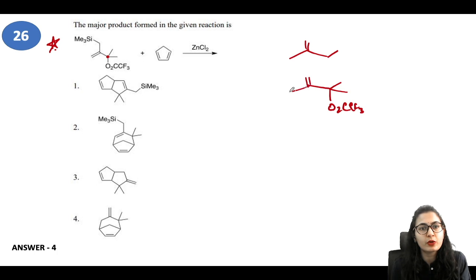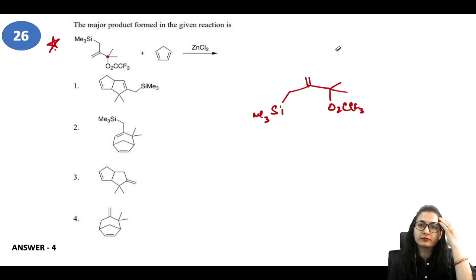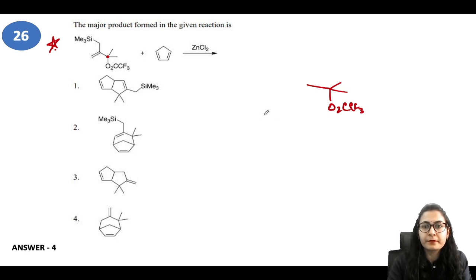I write the double bond over here and then I write the SiMe3 on this particular side, for example. Okay, or one more way of writing the same molecule. We will write the double bond over here and we will write the SiMe3 like this.